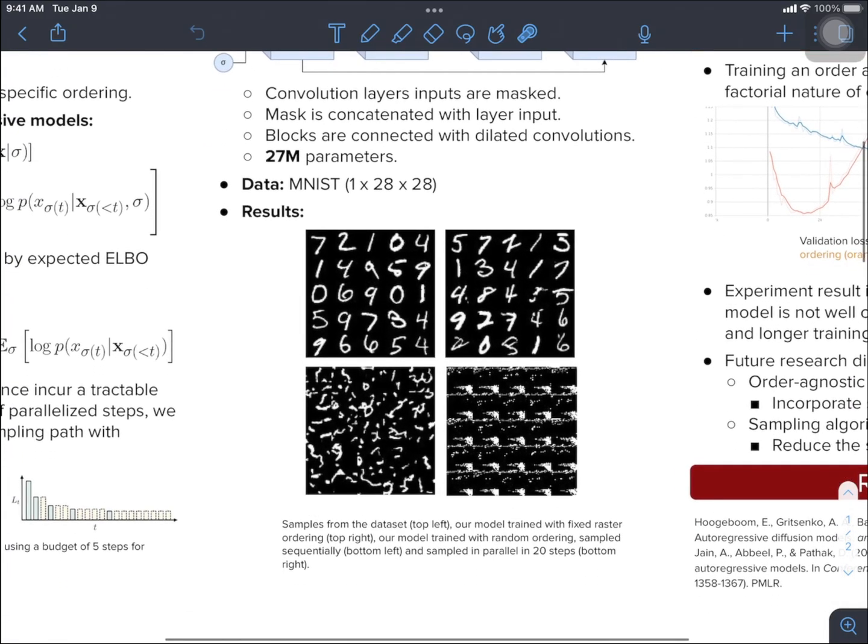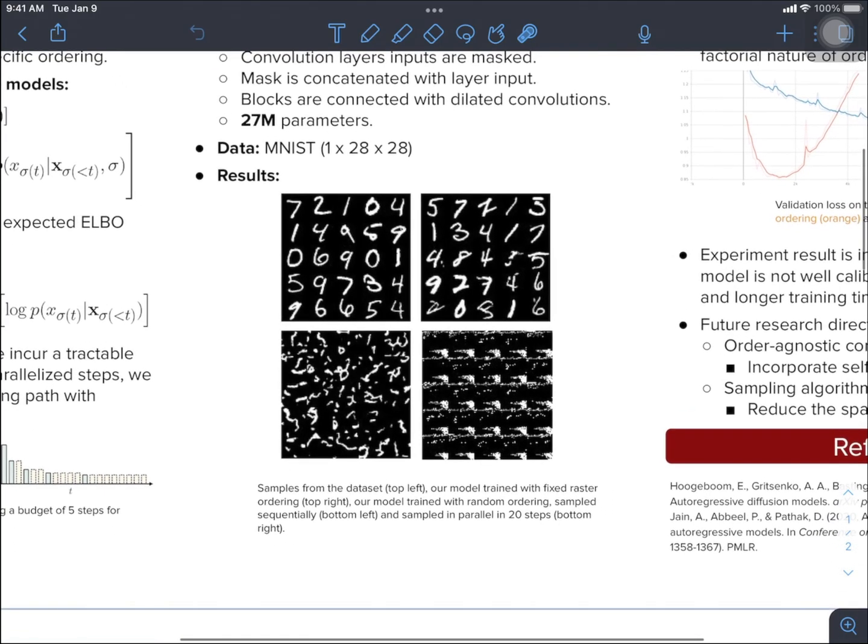The data set is grayscale MNIST, and here are the results. The top left picture is from the training data, so this is just the data set. The top right is from my model trained on a single fixed ordering and sampled on a single fixed ordering. It has pretty good quality, and this is expected because we've known that these models can do this for a while.